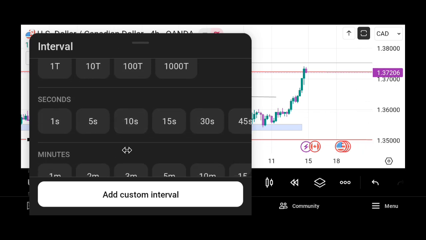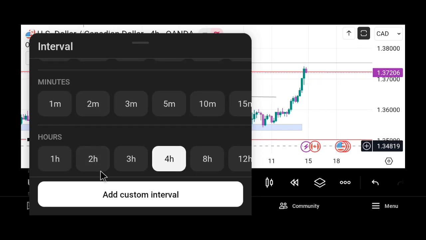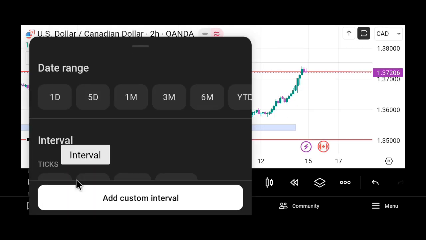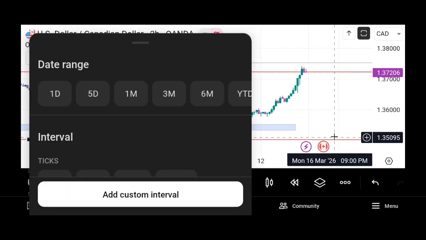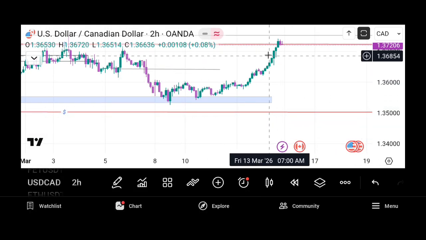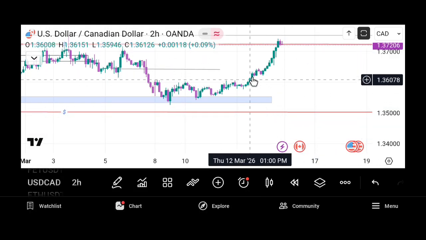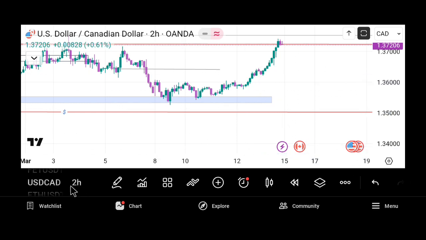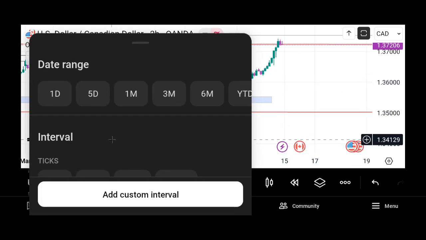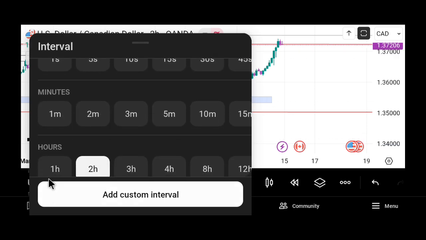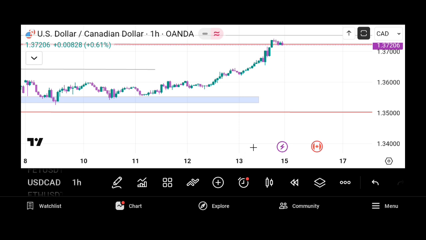On the 2 hours, it's still looking bullish. Well, you could expect this continuation downward if we get a sell from here that closes below here, then we know you have changed the state of delivery. The state of delivery has changed from bullish to bearish, as the market comes down more.